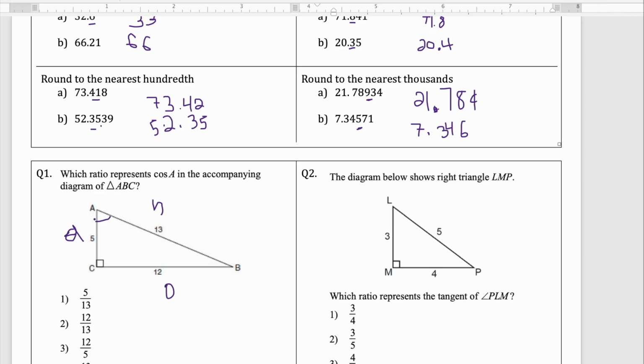How do I know? Because this side is on the angle, okay? It's adjacent to it. Adjacent really means next to, on the side of the angle. Across from it is opposite.